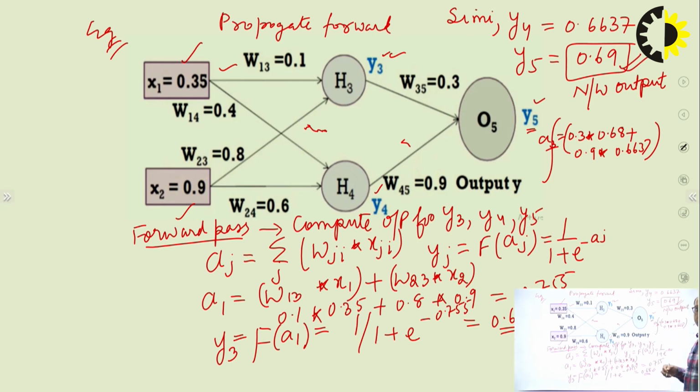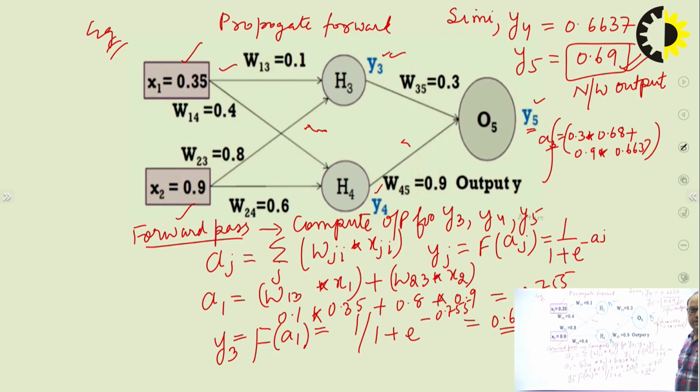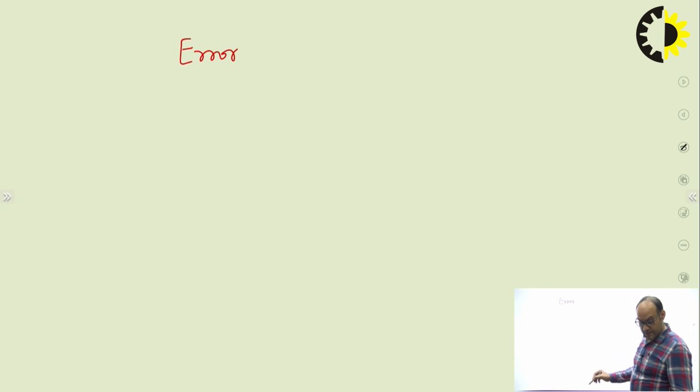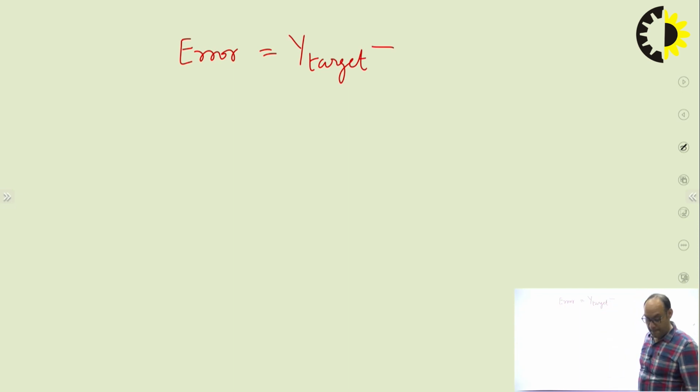Now what we have to do in the question, we are given this actual output है ना, and we have calculated the network output 0.69. It means we are going to calculate the error है ना. So error will be calculated as y target minus y5 that we have calculated.